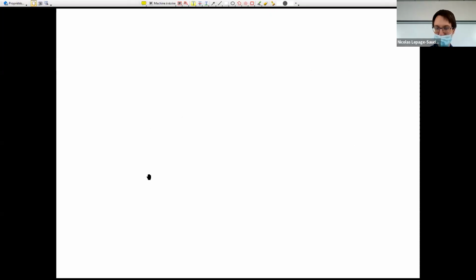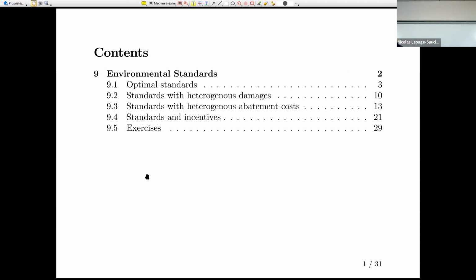Okay, environmental standards. What are they? Well, cost theorem and property rights were the most decentralized way of dealing with environmental problems. Now we go to the other end of the spectrum, a perfectly controlled, top-down approach.